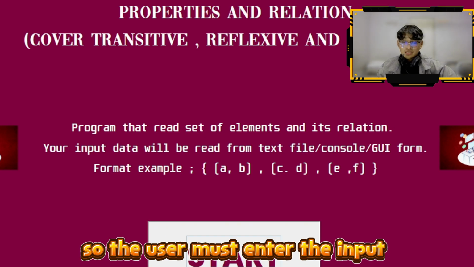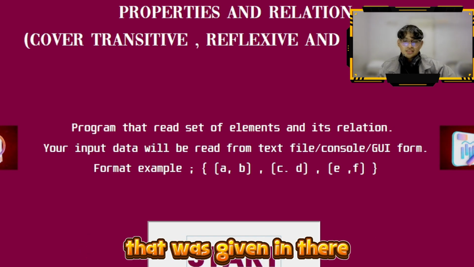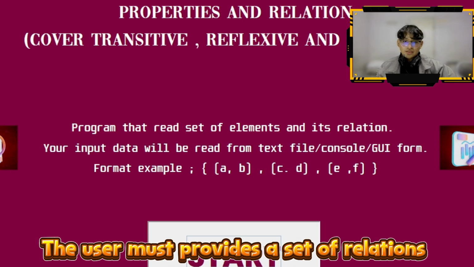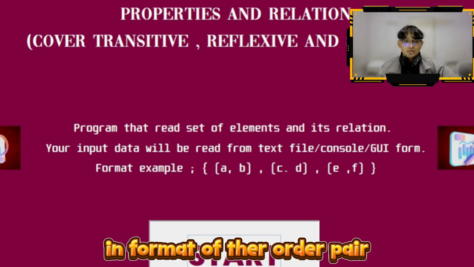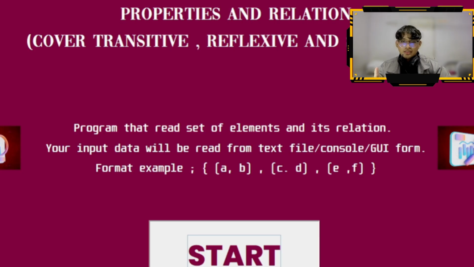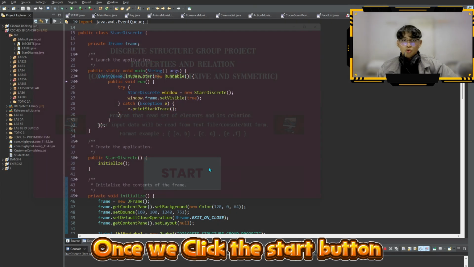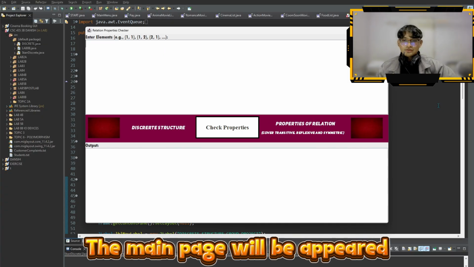The user must enter the input using the format that was given. For example, the user must provide the set of relations that contain pairs of elements in the format of ordered pairs, for example in brackets with 1 and 2, which represents how different elements are related. Once we click the start button, the main page will appear.